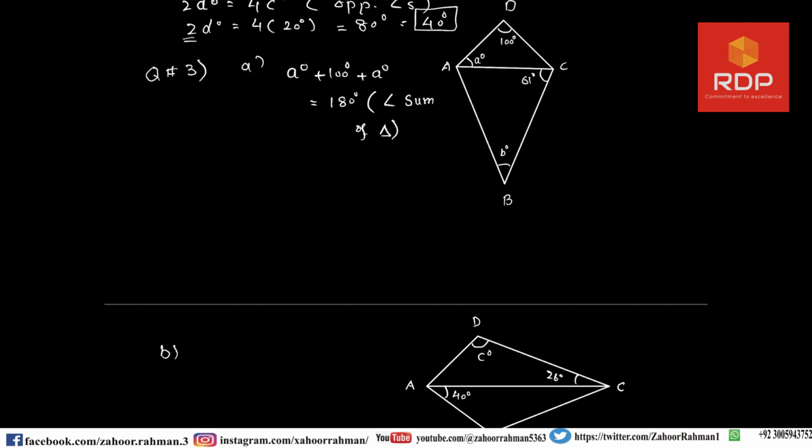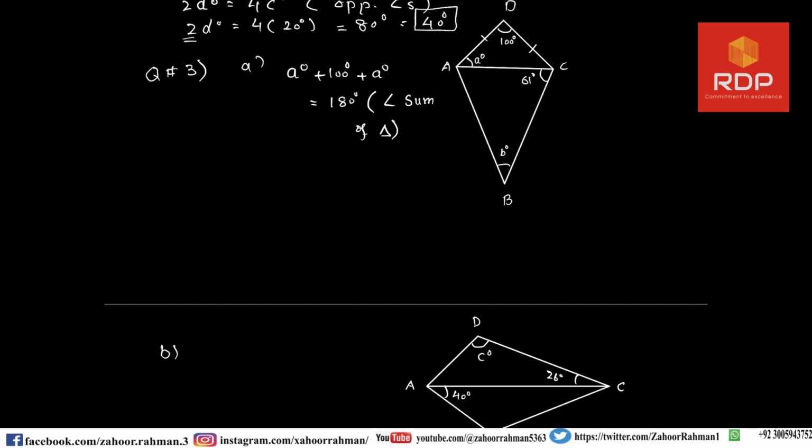Now you can see that because this is equal to this one, and you know that from the properties of kite, it means that it is an isosceles triangle, and the base angles, this one is A and this one is also A, and I wrote this A and 100, that must be equal to 180 degree.